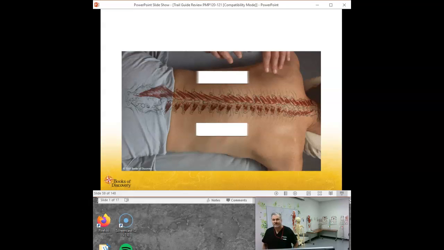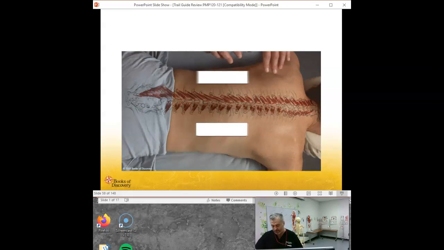Miss Torres, what are the names of your three erector spinae muscles? Spinalis, longissimus, and iliocostalis. Beautiful.